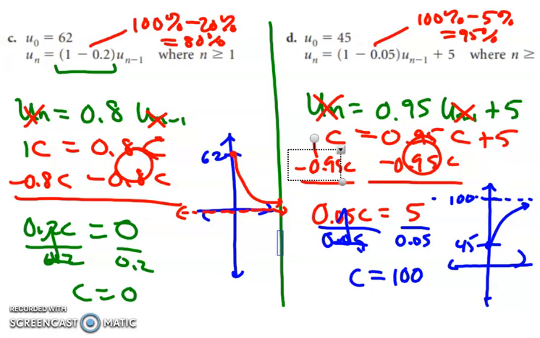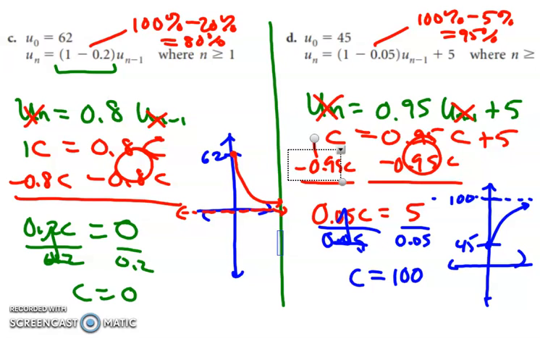So back at the previous problems, like A and B, I think in problem B the answer was going up, and here the answer is also going up. So it's always to your advantage when you're trying to graph a geometric sequence to at least find u of 1, to see if the answer went up or down from u of 0, because sometimes it will go down, sometimes it will go up.